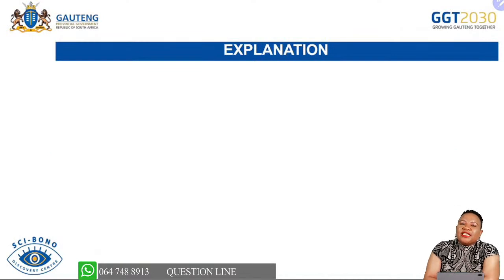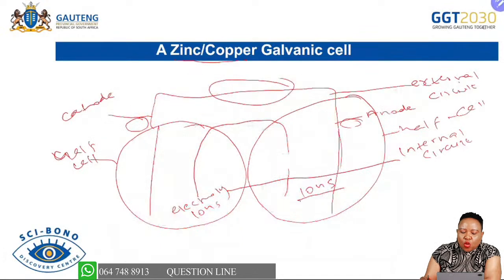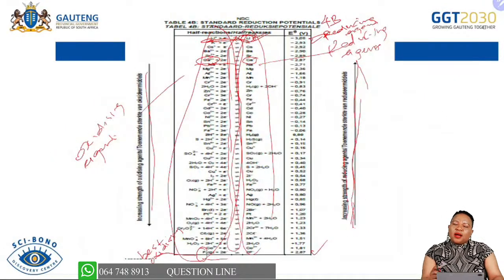Therefore, let me use the example of zinc and copper for us to know which half cell will undergo oxidation and how it undergoes oxidation. Just to go back to our table. Now, we will firstly use our table to identify which half cell undergoes oxidation and which half cell undergoes reduction.